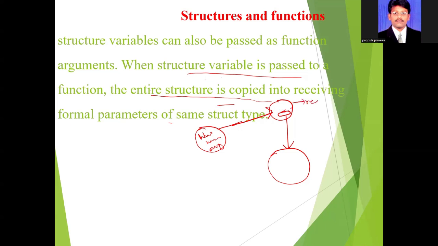You read values, and suppose we take display as the function. S is the structure variable. We pass the structure variable from calling function to called function. Here the called function is display. Now what is the variable? struct student S1 is the formal argument. This is the actual argument.